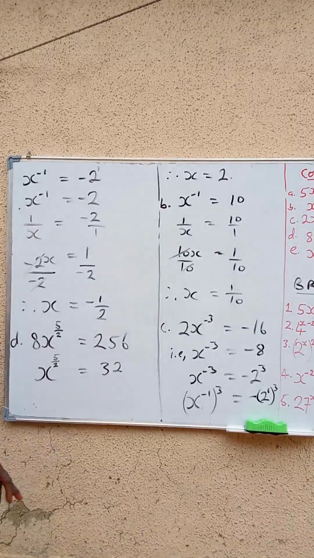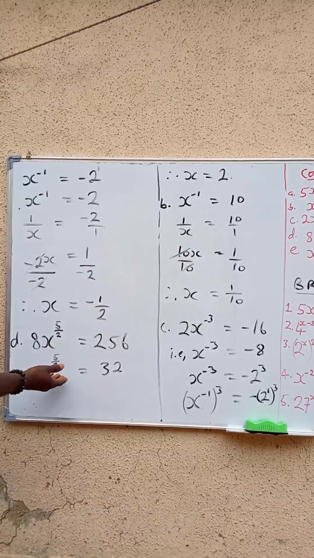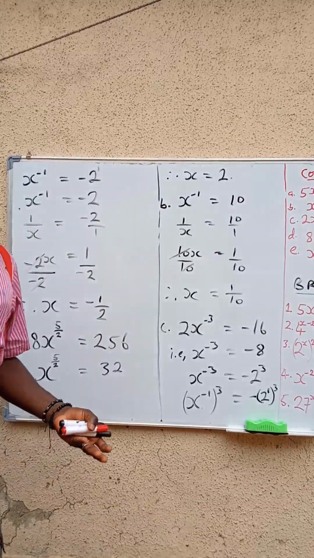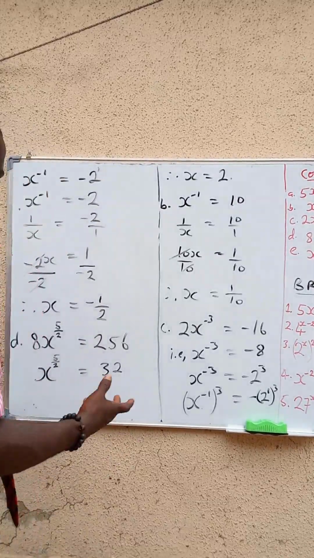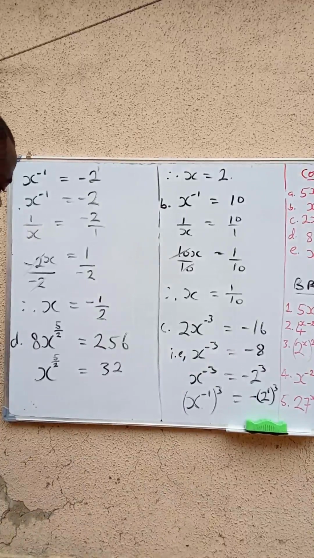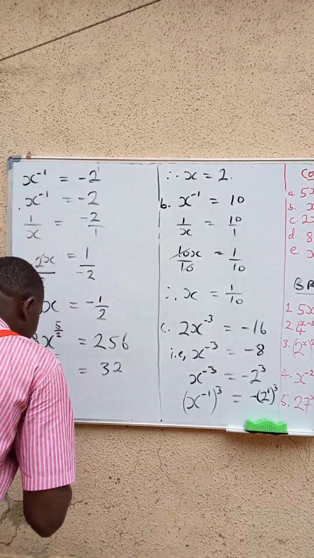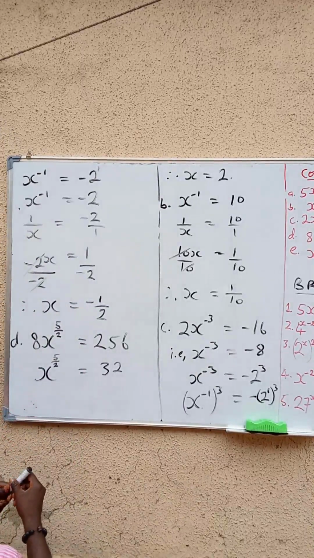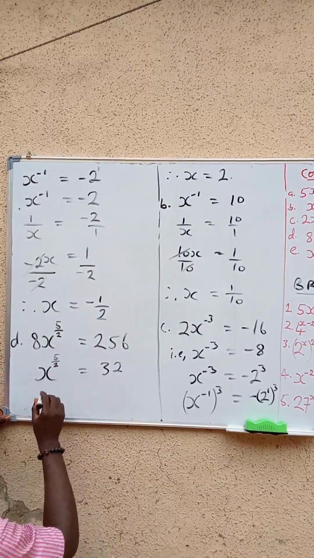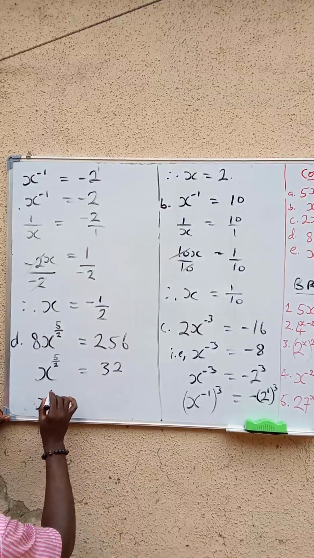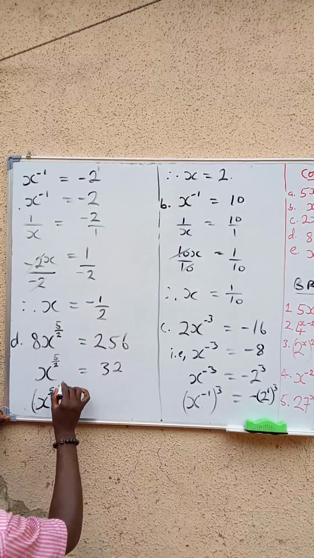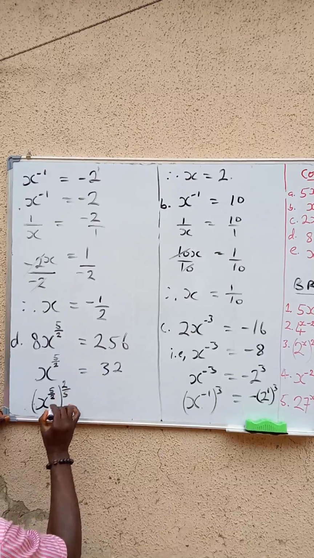Now in this case here, for you to remove this 5 over 2, we can do it in that simple form and we can do it the long way. But let me just use maybe any one for you. So in this case, for me to remove this, I'll raise to the power of 2 over 5.